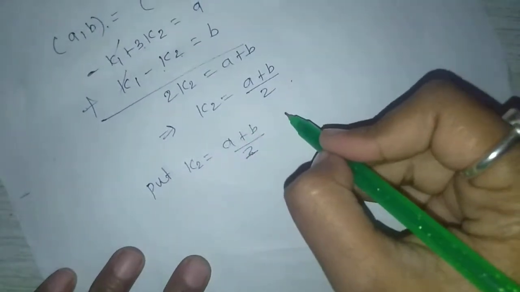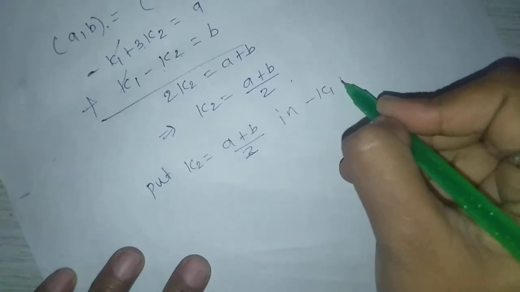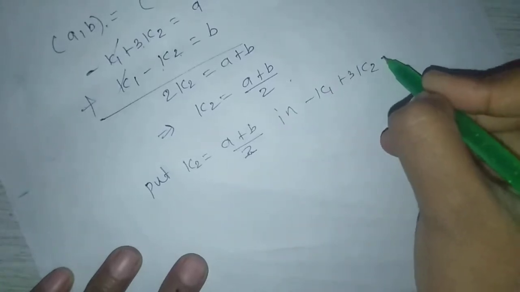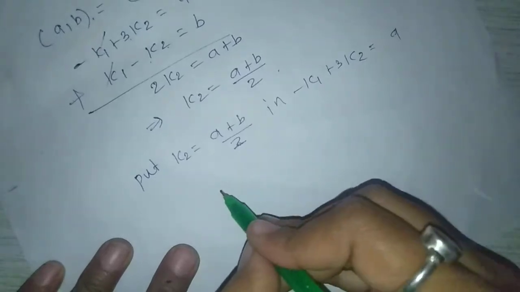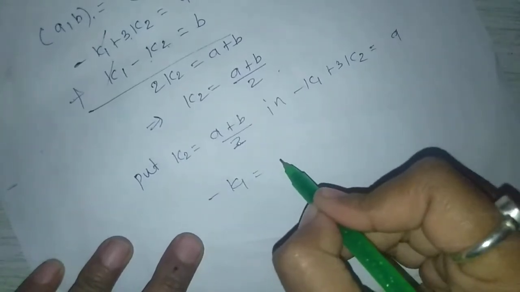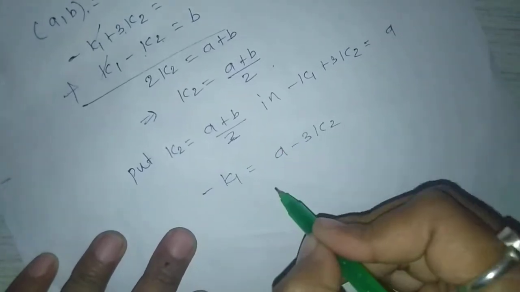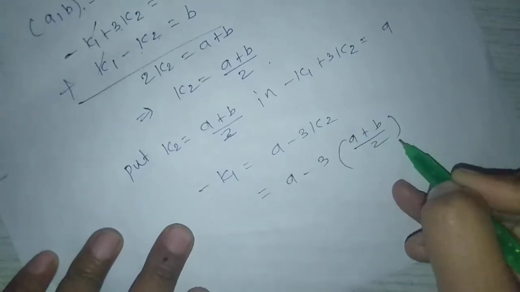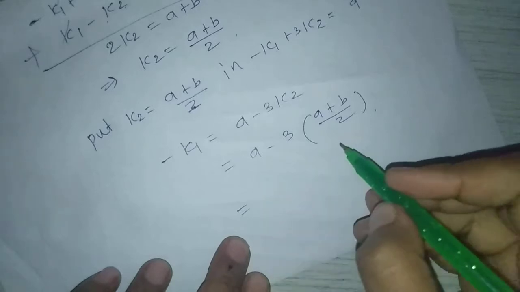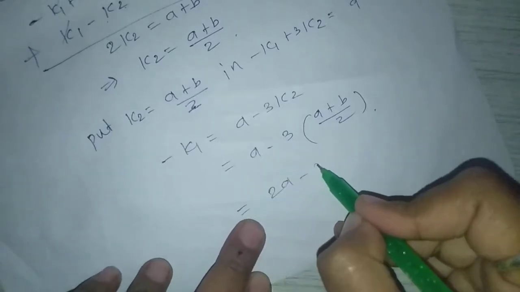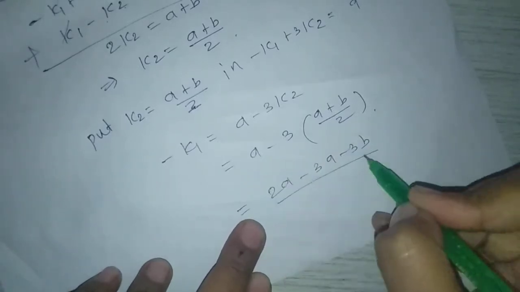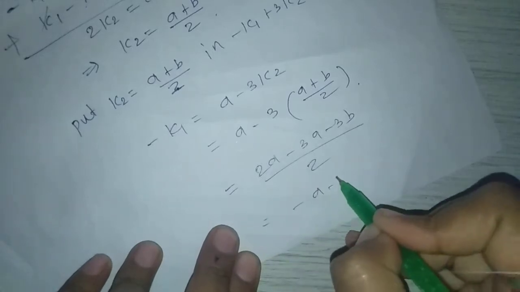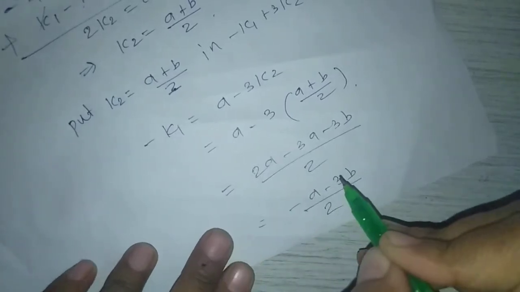We put k2 in minus k1 plus 3k2 equal to a. Means minus k1 equal to a minus 3k2. A minus 3k2 is a minus 3(a plus b) upon 2. Now 2a minus 3a minus 3b upon 2, we get (minus a minus 3b) upon 2.